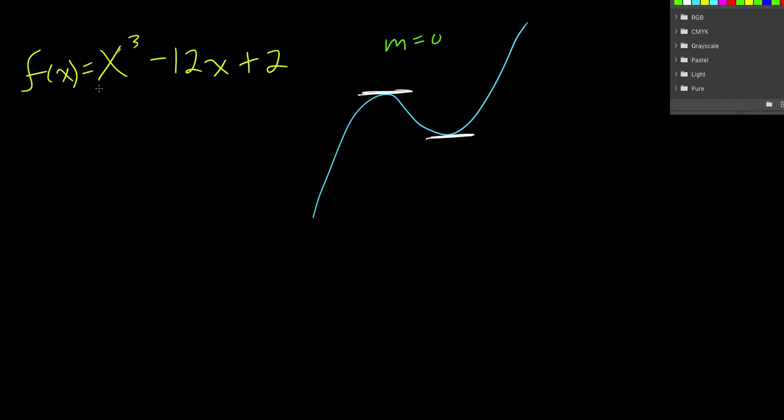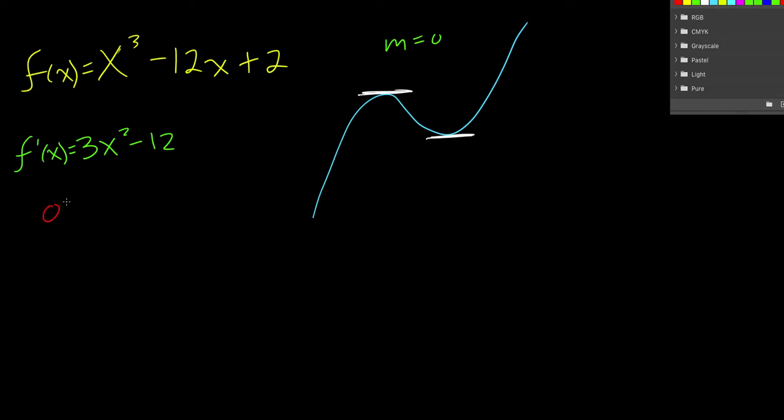So we take the derivative, and that's our f prime of x. And then we set that equal to 0 and solve for x, and that will tell us the x values where these horizontal tangents occur. And that will be helpful for what we're trying to do.